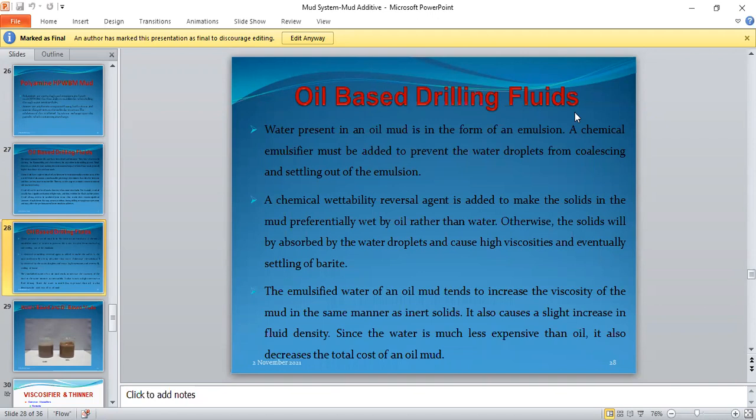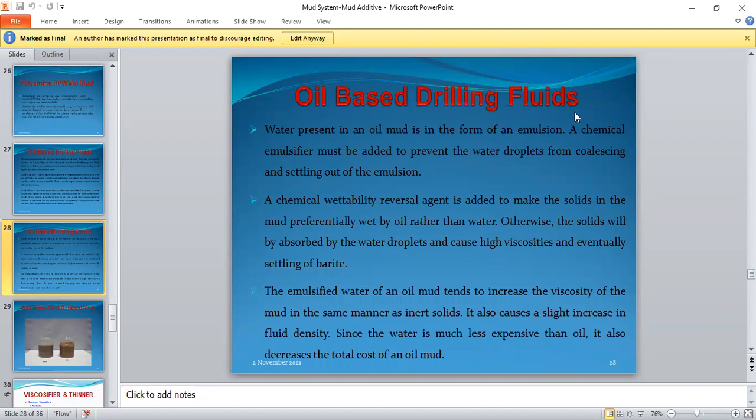A chemical called a wetting agent is added to make the solids in the mud preferentially wet by oil rather than water. Otherwise, the solids will be absorbed by the water droplets and cause high viscosity. What we are saying is, in oil-based mud, most of the chemicals we use react with water.